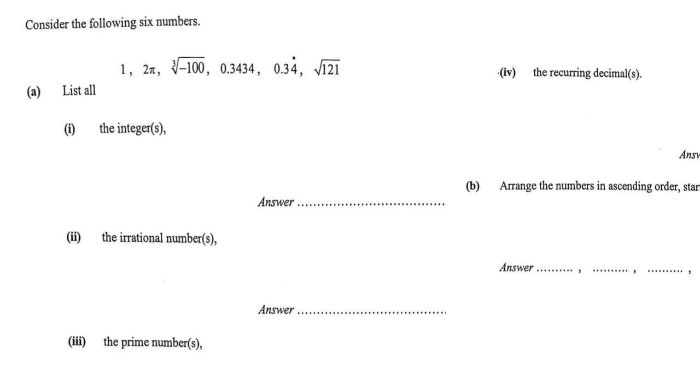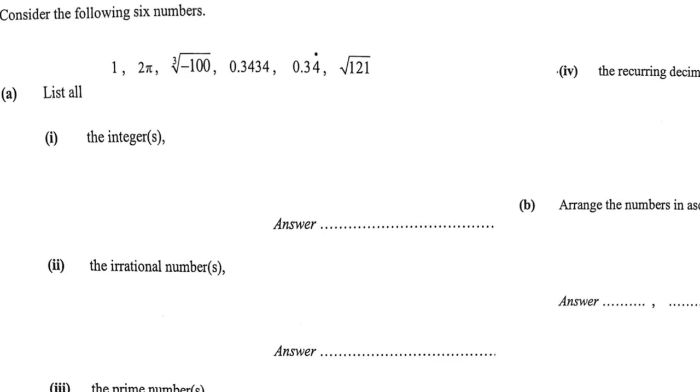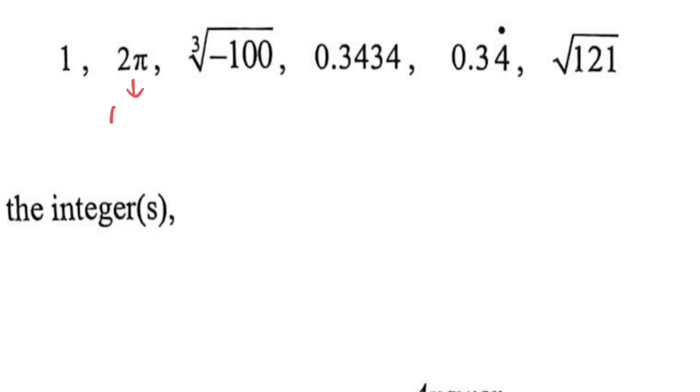So armed with a calculator, 2 pi is equal to 6.283. This is not an integer.